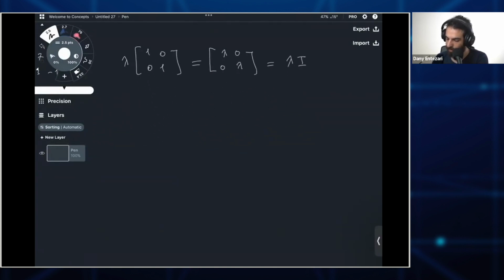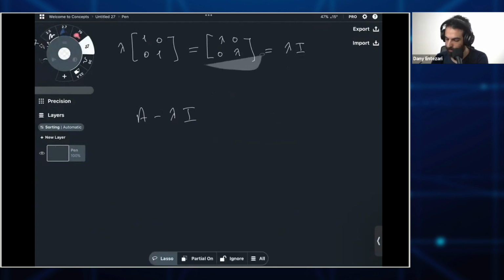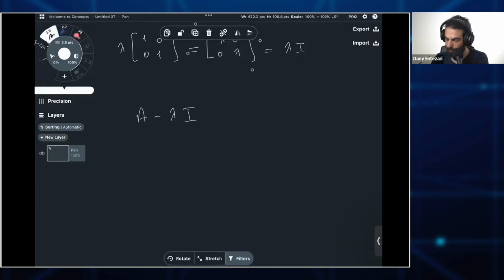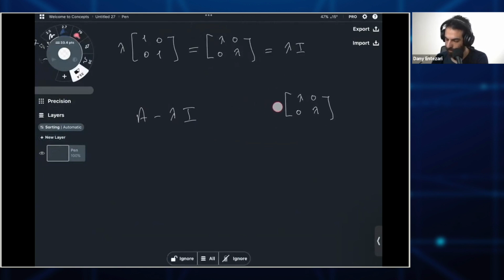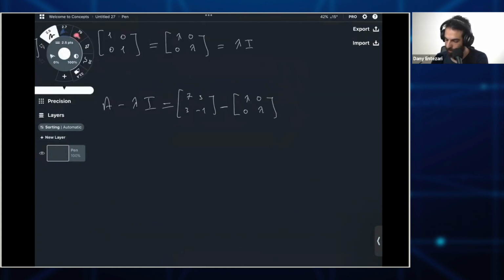So next thing we are going to do is subtract from the matrix A lambda times I. In other words, the difference of this matrix and the given matrix. Okay.